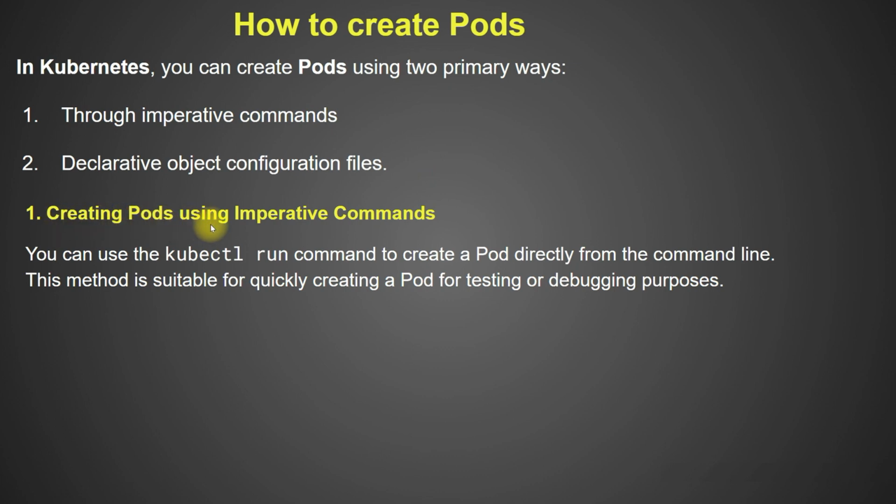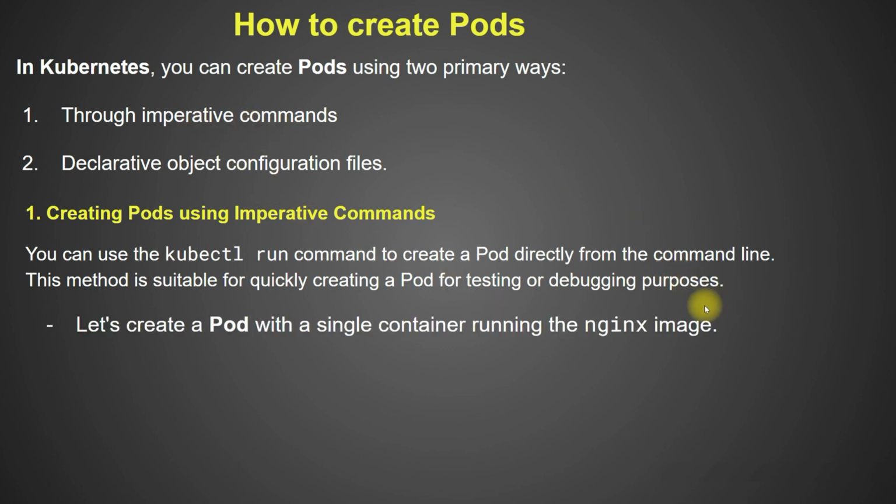Now, to create pods using imperative commands, you can use the kubectl run command to create a pod directly from the command line. This method is suitable for quickly creating a pod for testing or debugging purposes. That's why we use imperative commands.